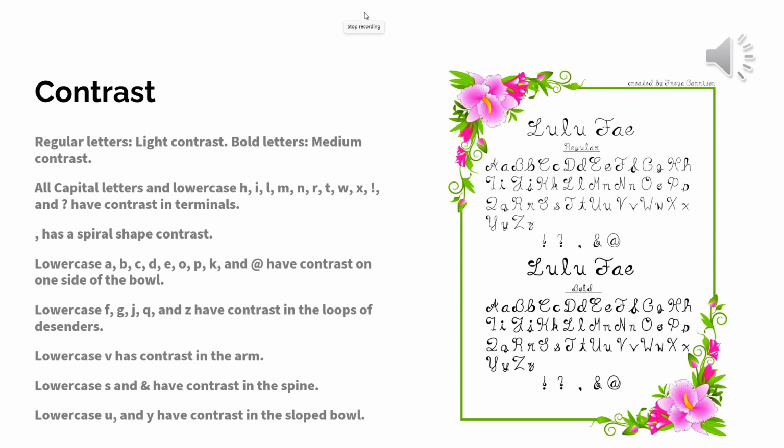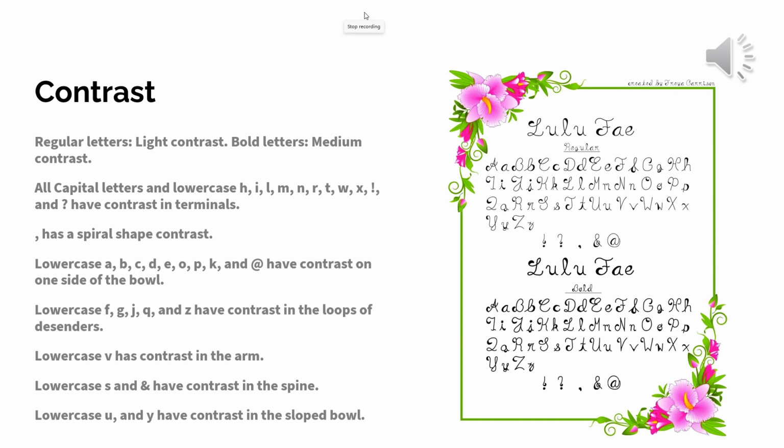Lowercase a, b, c, D, E, O, P, K, and the @ sign have contrast on one side of their bowl. Lowercase f, G, J, Q, and Z have contrast in loops of descenders. Lowercase v has contrast in the arm. Lowercase s and the and symbol have contrast in the spine.